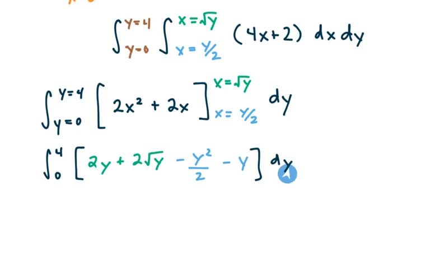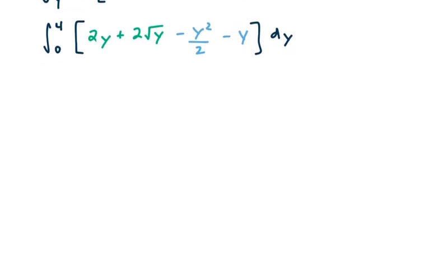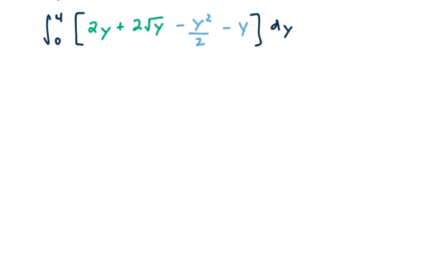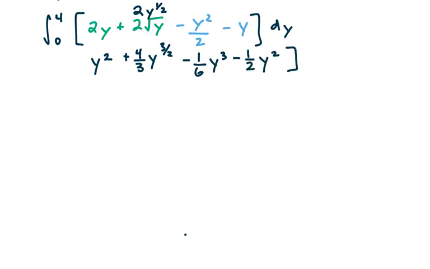We're integrating with respect to y, and once we're done, we're going to plug in 4 and 0. Integrating 2y, I get y squared. Integrating 2y to the 1/2, I end up with 4/3 y to the 3/2. I get minus 1/6 y cubed, and then minus 1/2 y squared. We need to evaluate that from 4 to 0.